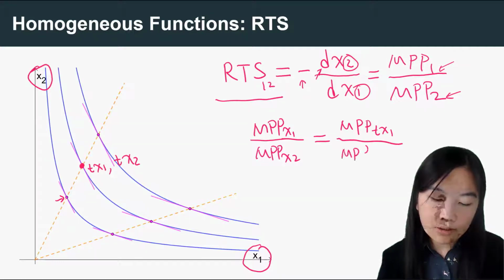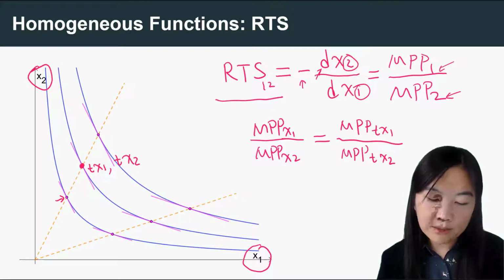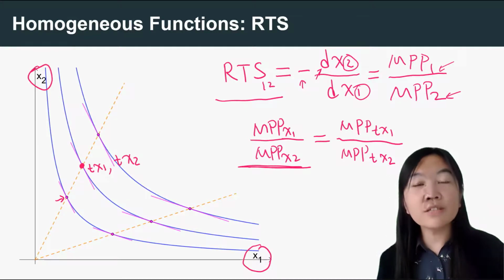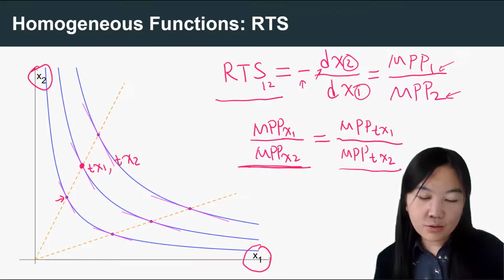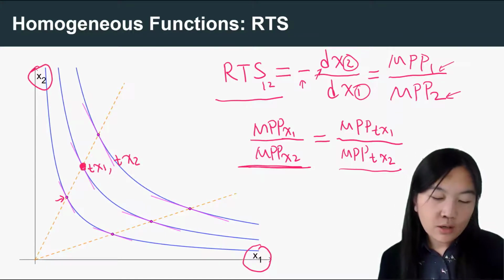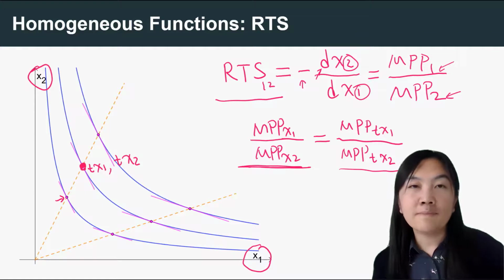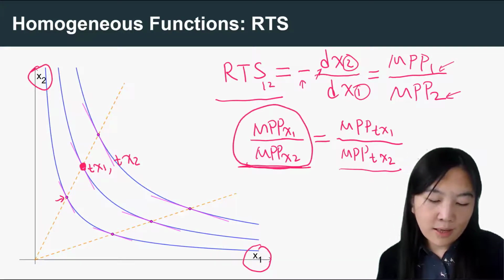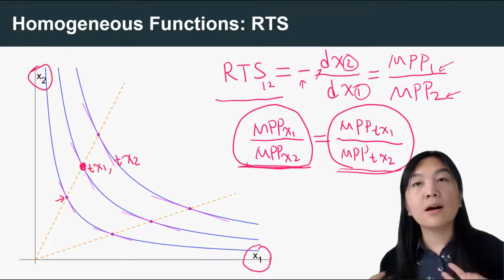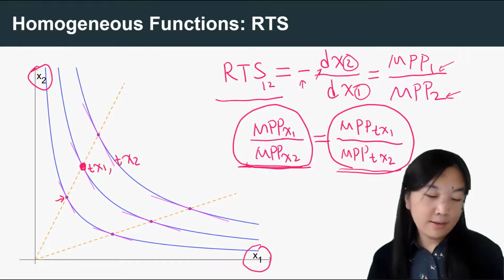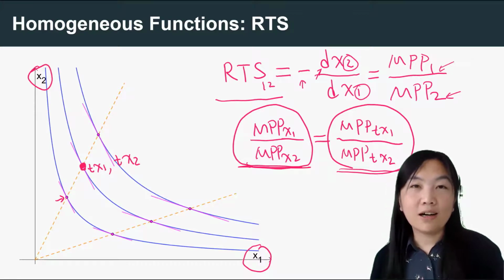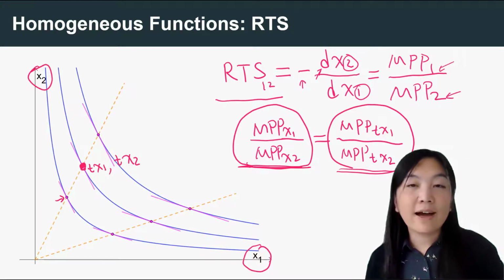But you just need to trust me that this is true: the ratio of MPP is equal to the ratio of MPP when your input use is increased by T times. So the reason that those two MPP ratios are the same, if you translate that to this graph, means the RTS is constant along the ray line.